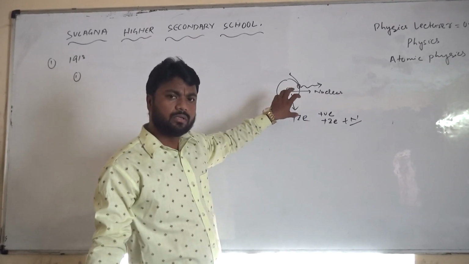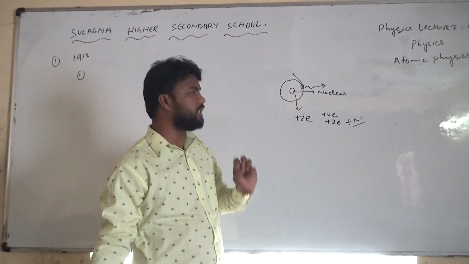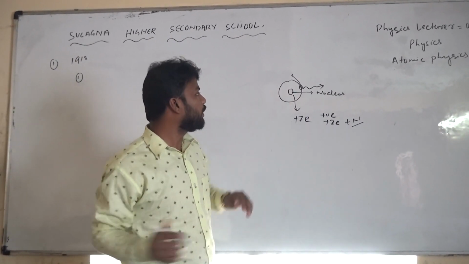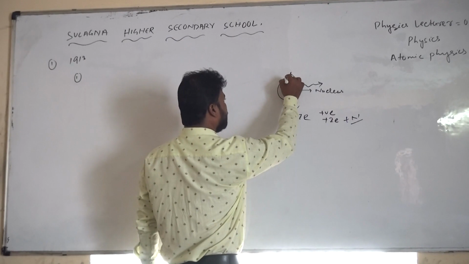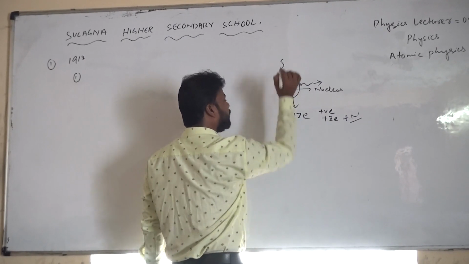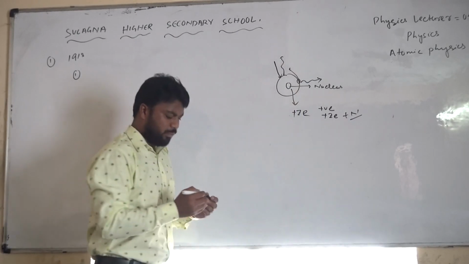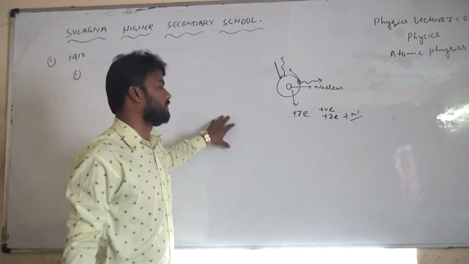When the electron gains some energy from an outside source, the electron jumps from a lower orbit to a higher orbit, or from a higher orbit to a lower orbit when it loses radiation.